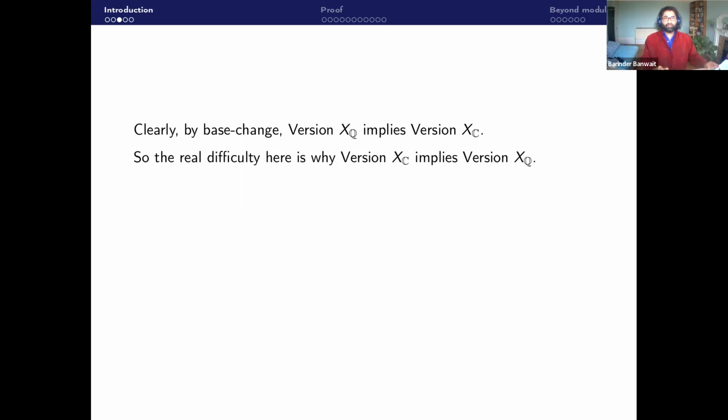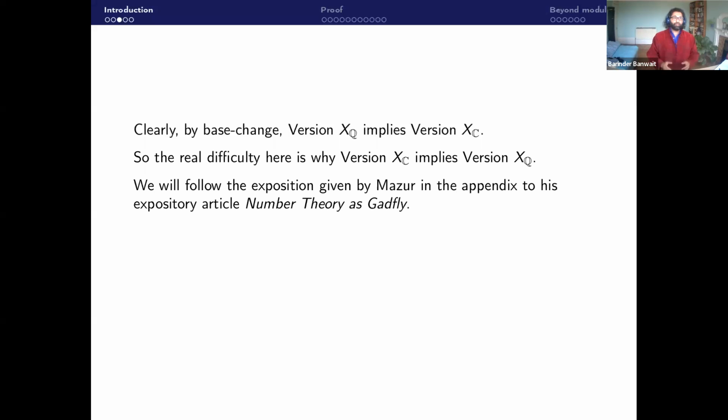So actually, the whole point of the proof is to go the other way. Why does modularity over C imply modularity over Q? For the details, I followed the appendix to an article of Mazur. This was an expository article, Number Theory as Gadfly, but the appendix has some quite technical details.